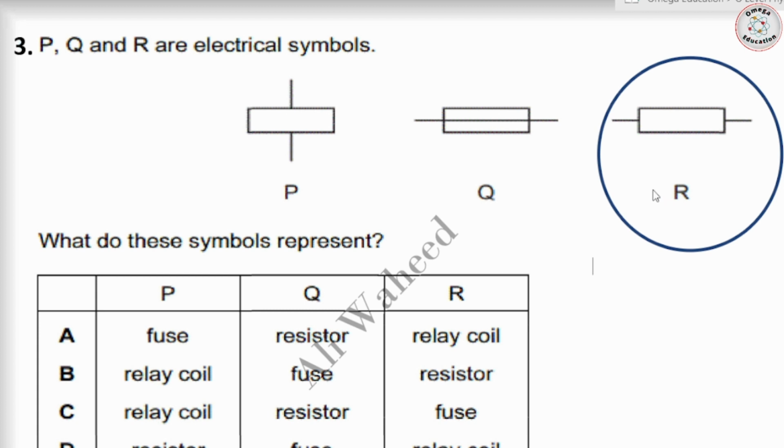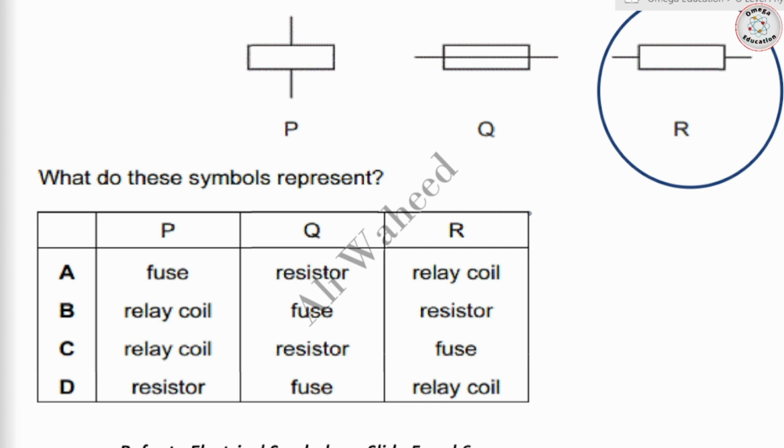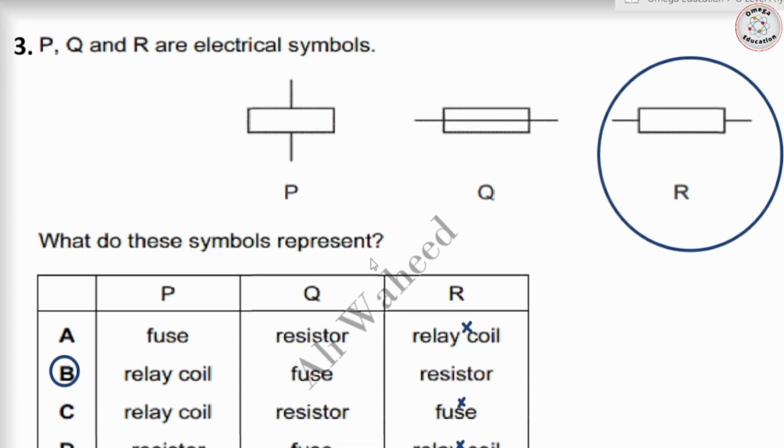So let's look for the option in which R represents resistance. First one, R represents relay coil, third one R represents fuse, fourth one R represents relay coil. So B has to be the right answer, because B is the only option in which R is representing resistance or resistor. So it can be done in a smart way even if you don't know the symbols for the other ones.